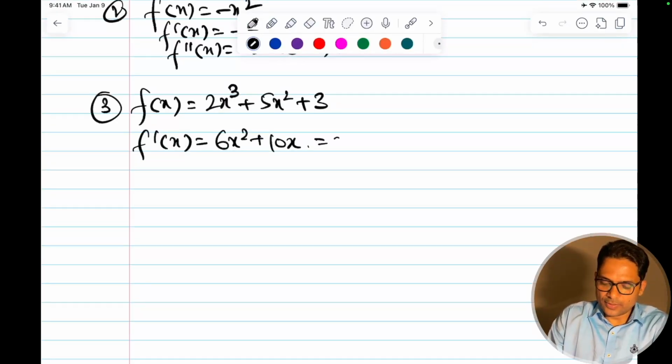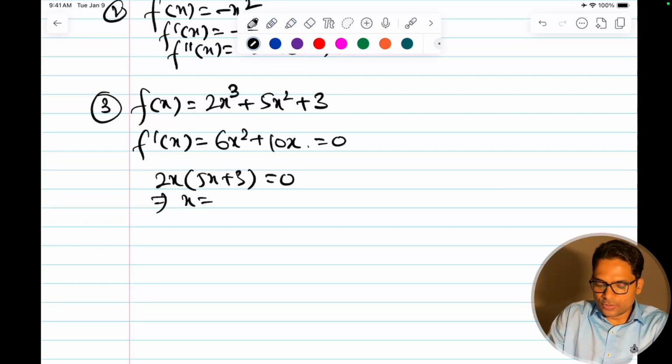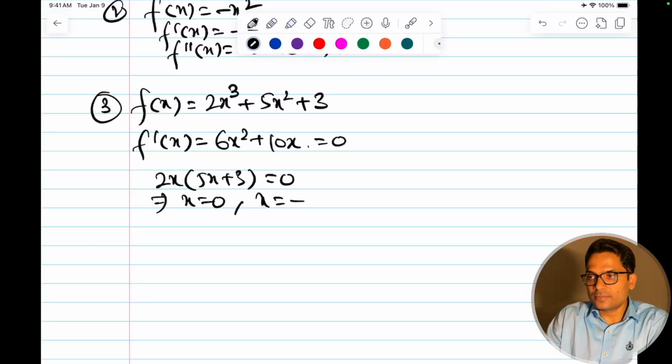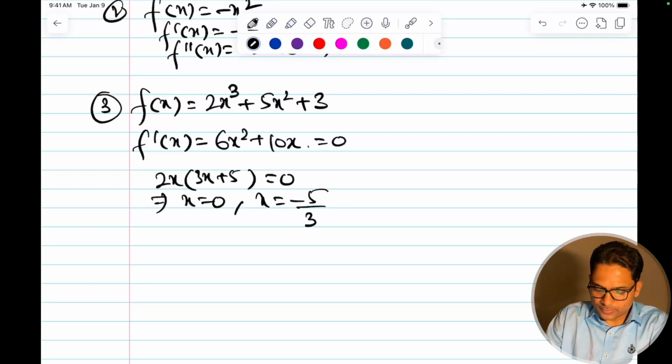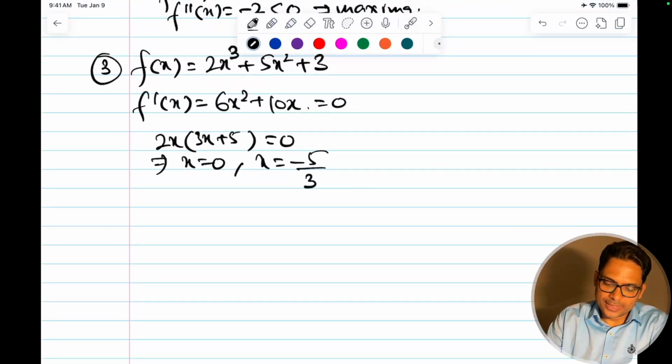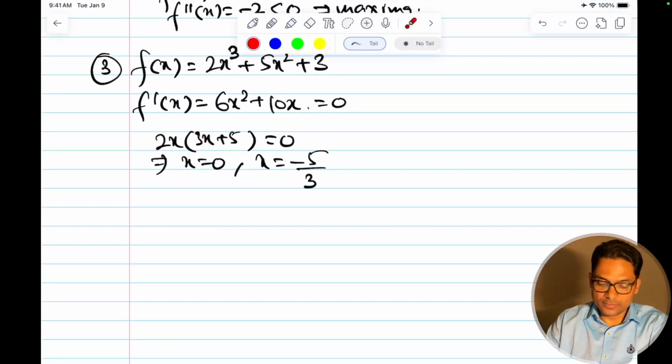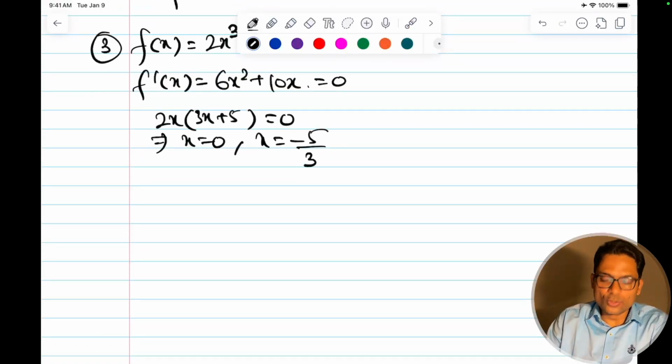So if I equate it to 0 for finding the optima, whether it's maxima or minima, if I take 2x common, I'll get 3x plus 5 equal to 0. 2x into 3x is 6x square. So this implies x equal to 0 or x equal to minus 5 by 3. I had a calculation mistake earlier. So I have got 2 points now.